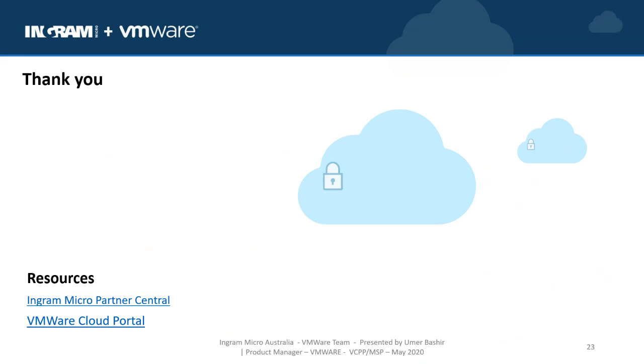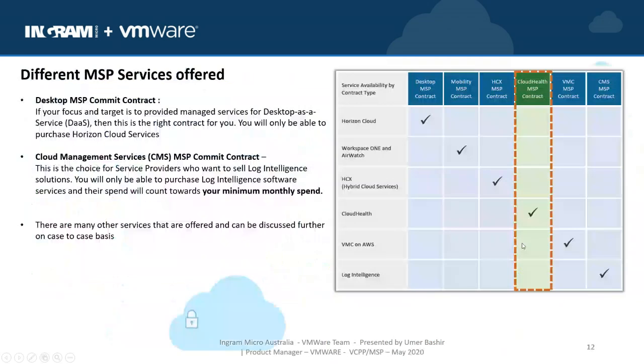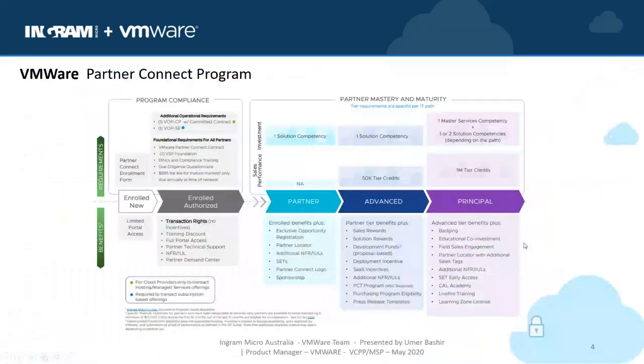Another question that we get is, is Velocloud going to be a part of the rental? This is what I answered before. It's a part of the MSP program. So if you go back to the third slide, from the start, yeah, this one.